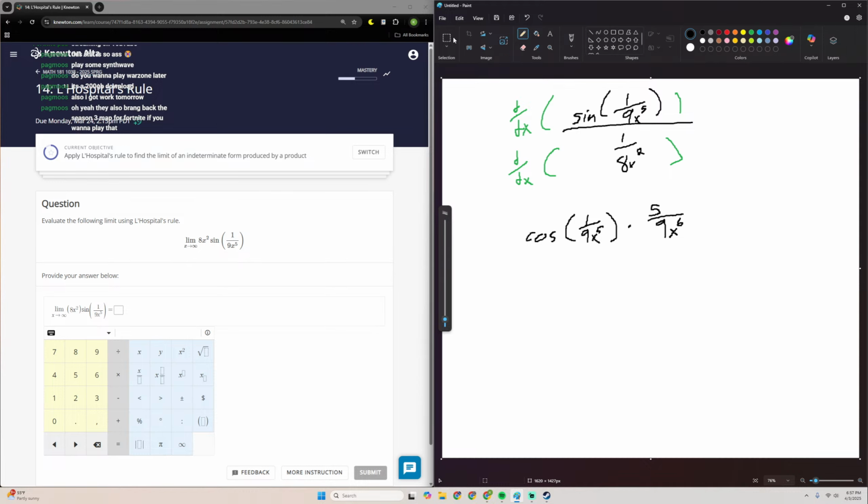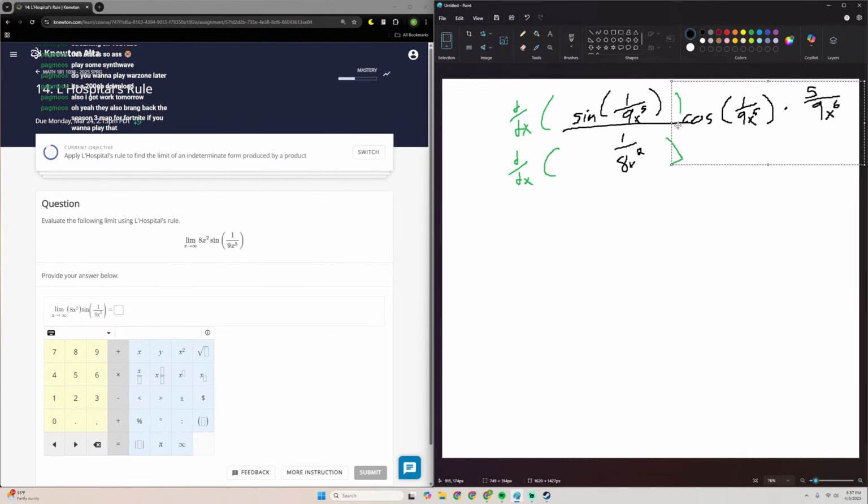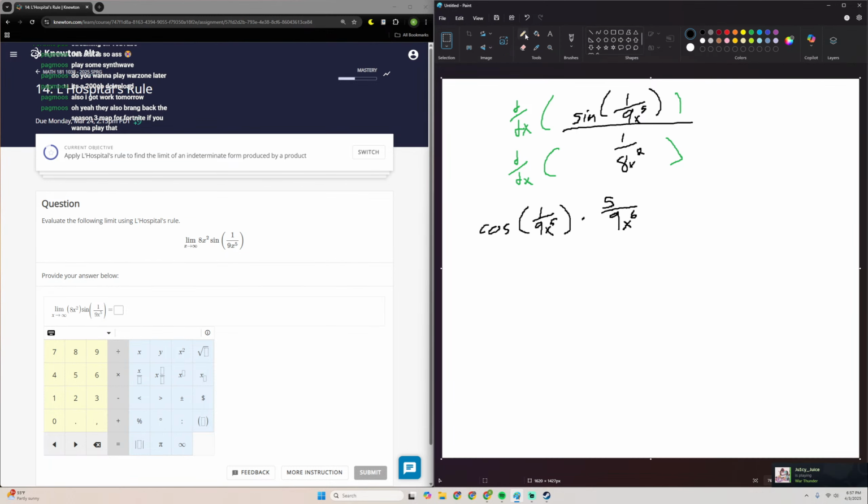Which becomes 5 cosine 1 over 9x to the 6th. Oh, whoops. 5th. Divided by 9x to the 6th.